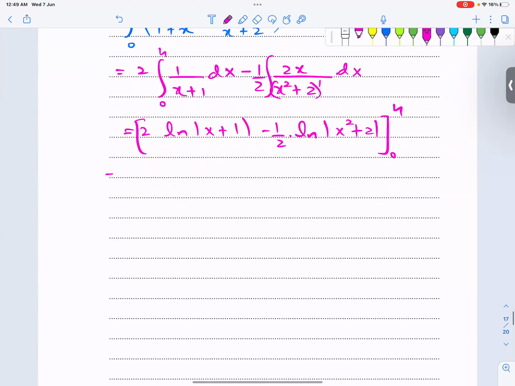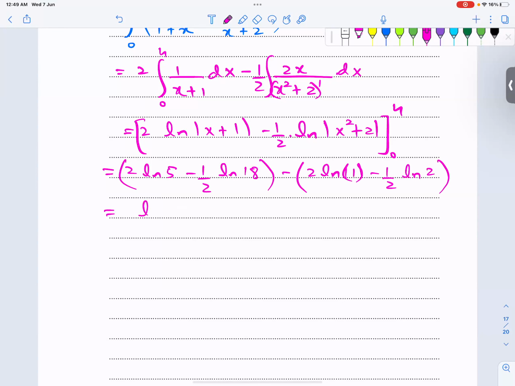Then put the upper limit. So 2 ln of 4 plus 1 is 5, minus 1 over 2 ln of 4 square is 16 plus 2 is 18. This is the upper limit minus the lower limit. 2 times ln of x is 0, so ln of 1, minus 1 over 2 ln of 2.